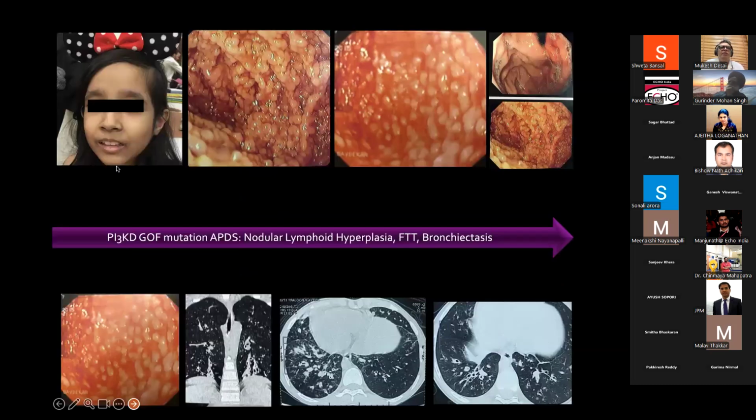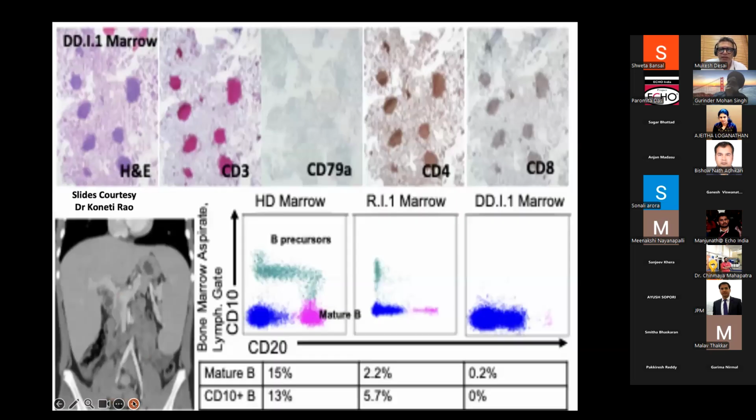Now, APDS syndrome comes with a CVID-like phenotype, and they also have a high incidence of autoimmune cytopenias. But what I just want to impress upon you is that sometimes they also come to you with an aplastic-like picture.